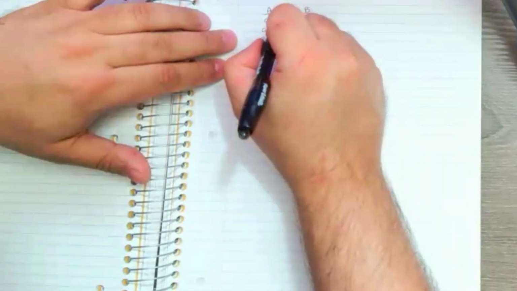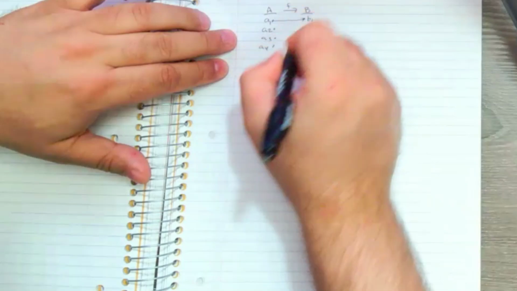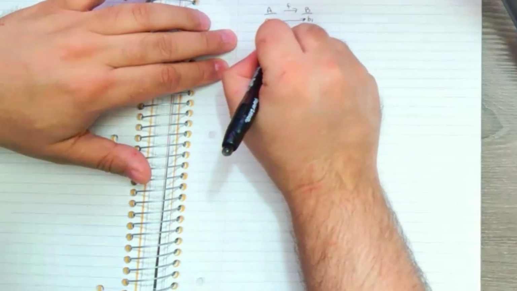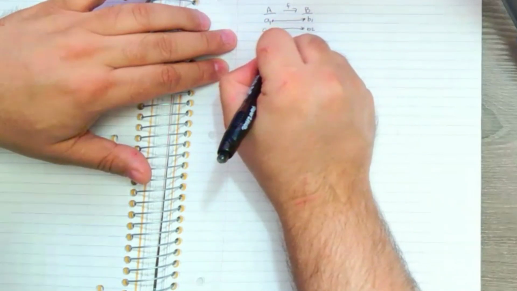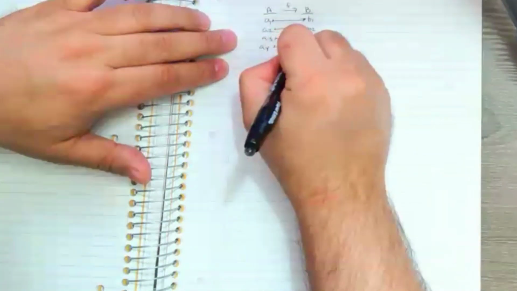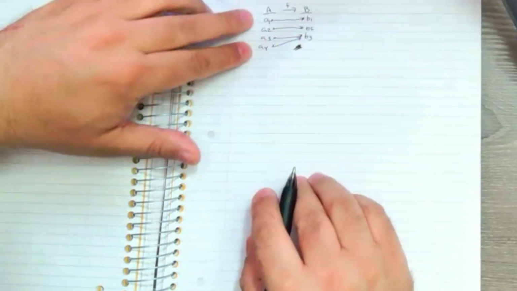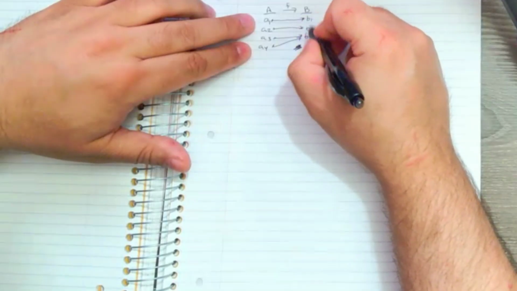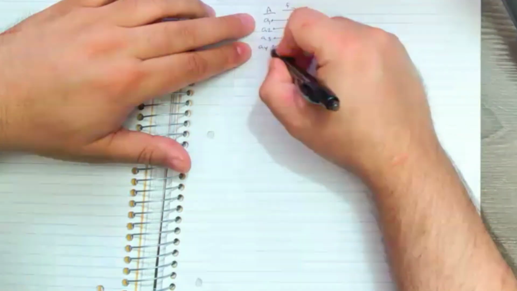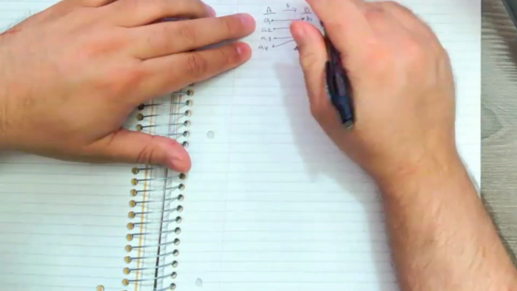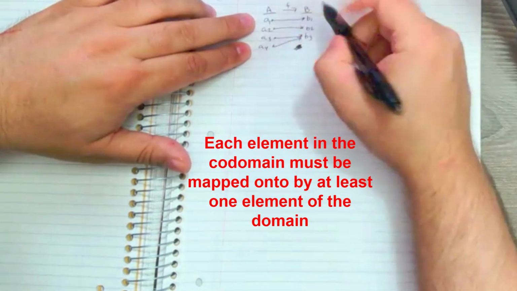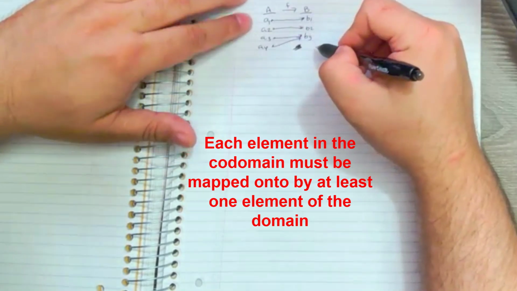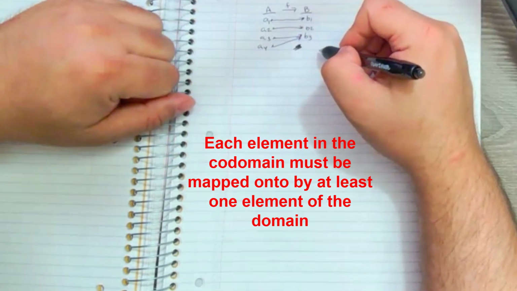For a surjection, each element of the codomain must be mapped onto by at least one element in the domain. It is permissible that an element in the codomain is mapped onto by more than one element in the domain, but each element in the codomain must be mapped onto by at least one element in the domain A.